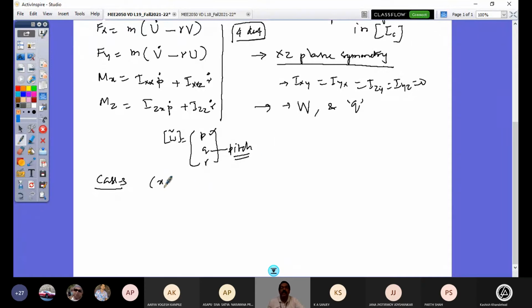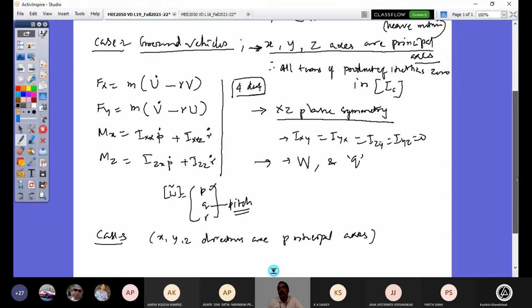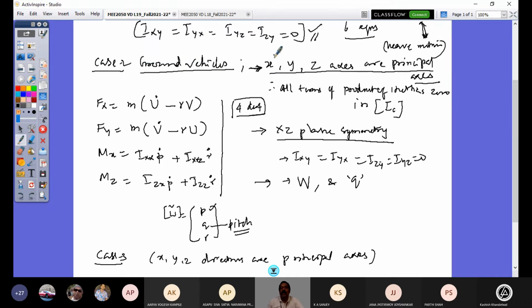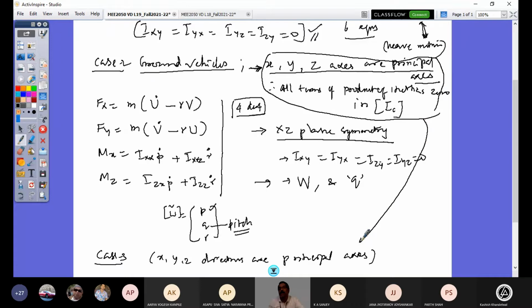In case 3, the X, Y, Z directions are principal axes. Along with this, W and Q are neglected. So whatever I was telling is now applicable. I'm introducing this assumption at the moment for the third case.